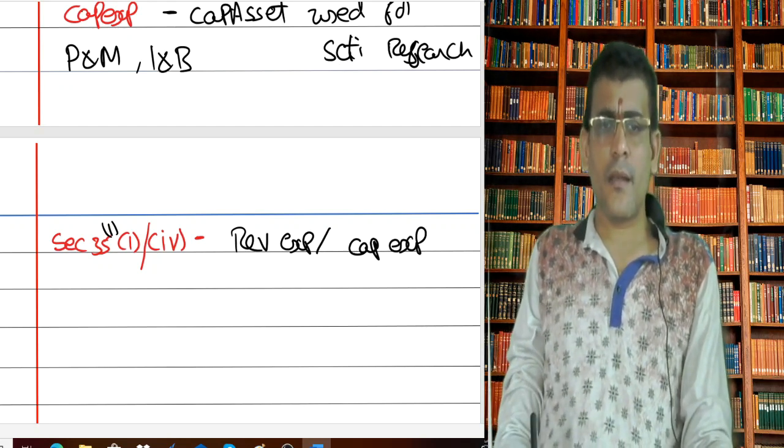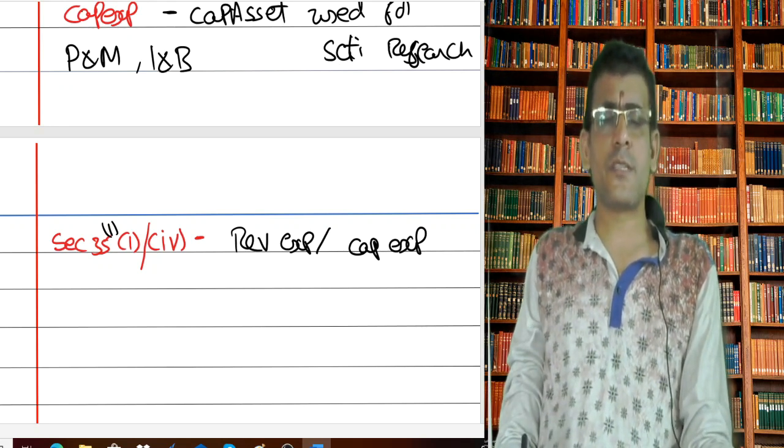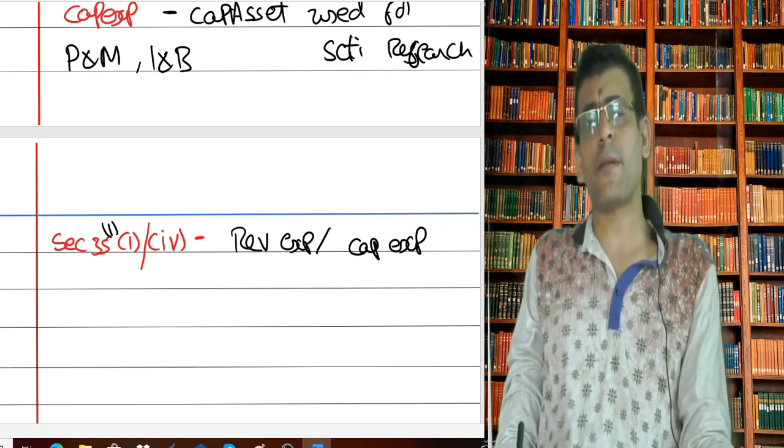Now let us see. We know what is the revenue expense incurred for scientific research, and we know the capital expenditure incurred for scientific research.